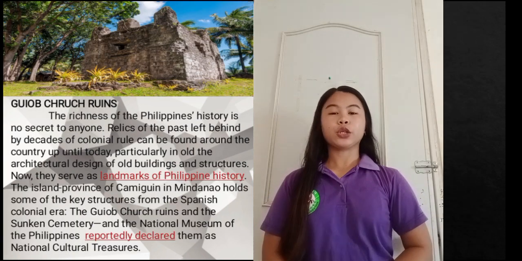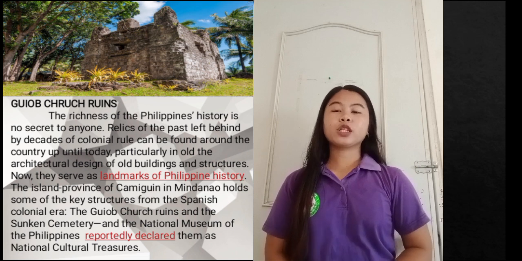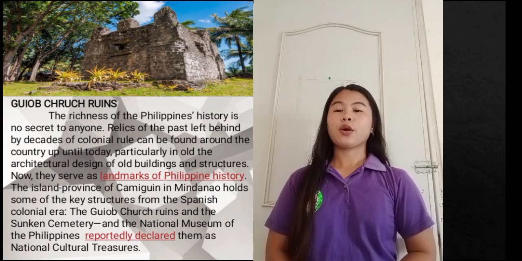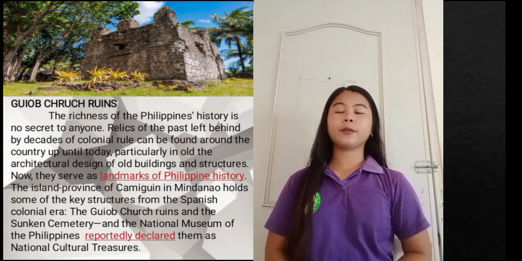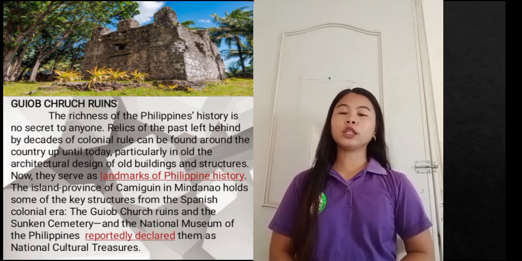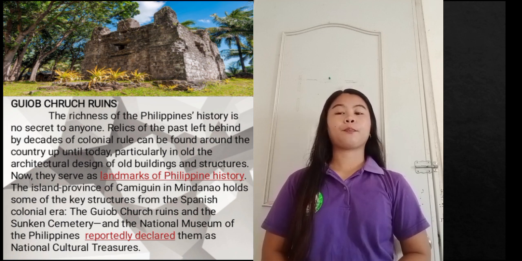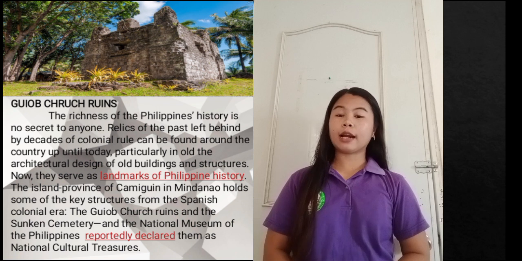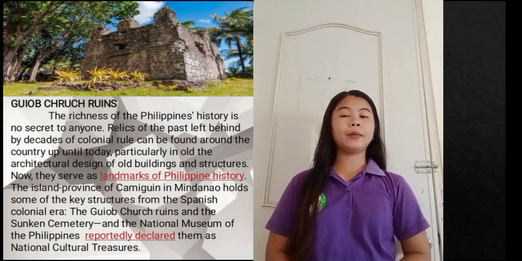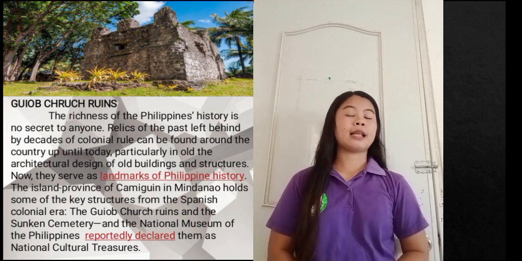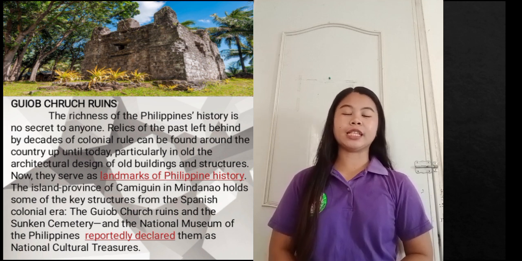Gio-ob Church Ruins. The richness of Philippine history is no secret to anyone. Relics of the past left behind by decades of colonial rule can be found around the country up until today, particularly in the old architectural design of old buildings and structures. Now, they serve as landmarks of Philippine history.